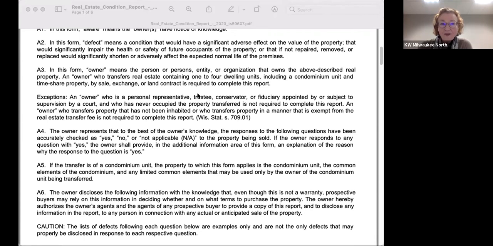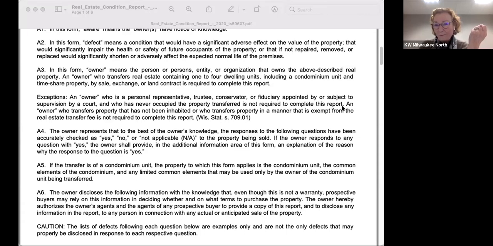The exemption to this is an owner who is a personal representative, a trustee, a conservator, or a fiduciary appointed by or subject to supervision by a court, and who has never occupied the property.